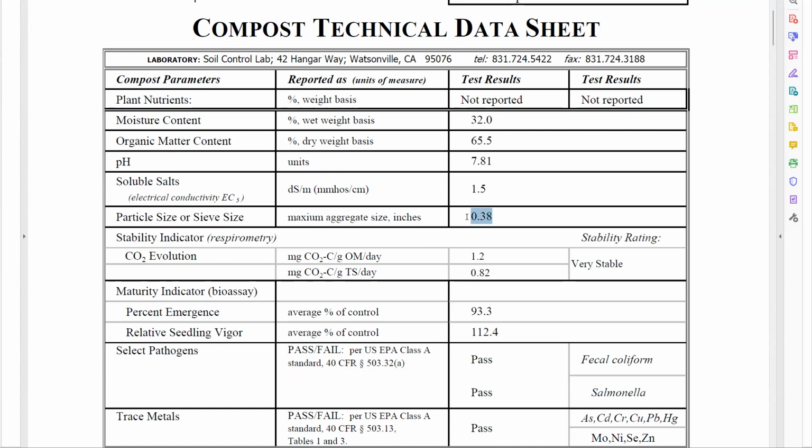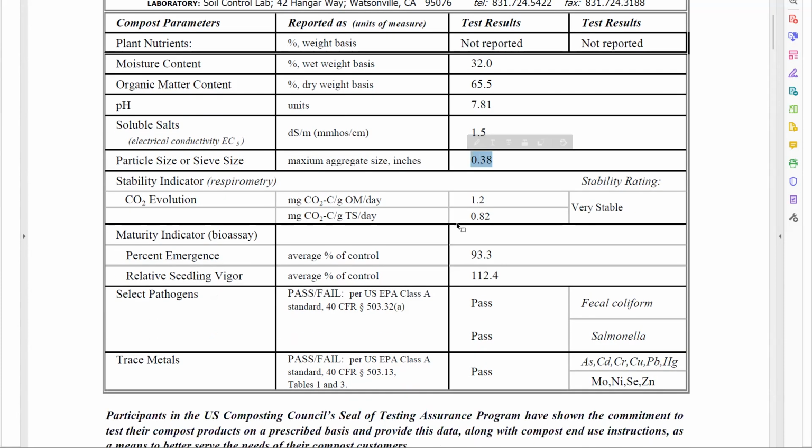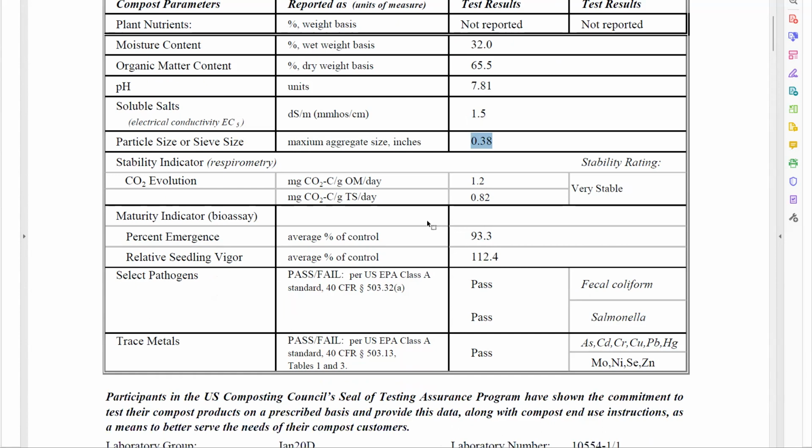It states its particle sizes and its maturity level, and we'll get later into the maturity level of composts, and when using an immature compost is maybe appropriate or potentially incredibly detrimental. Okay.